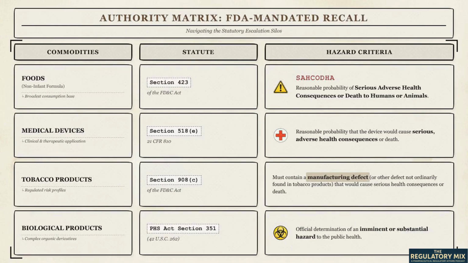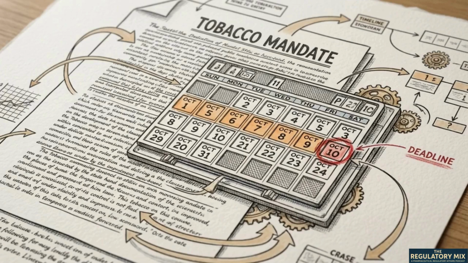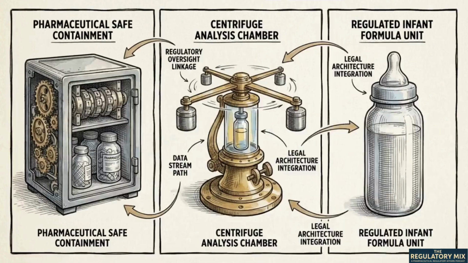Tobacco products fall under Section 908C, which mandates proof of a specific manufacturing defect not ordinarily found in products on the market. The tobacco statute contains a unique procedural quirk. The mandate order must provide the firm with an opportunity for an informal hearing within 10 days. Other specific statutes cover controlled substances, biological products, and infant formula, each carrying distinct regulatory thresholds.